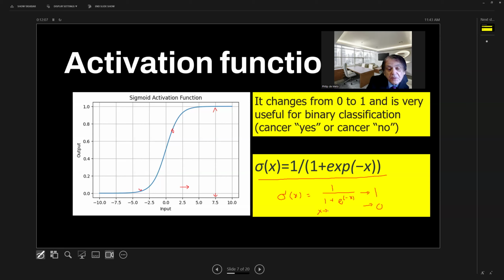Let's say it goes to negative infinity. So this becomes a very large number, and 1 over a large number becomes a very small number close to 0. So this is a very good activation function that we will use.